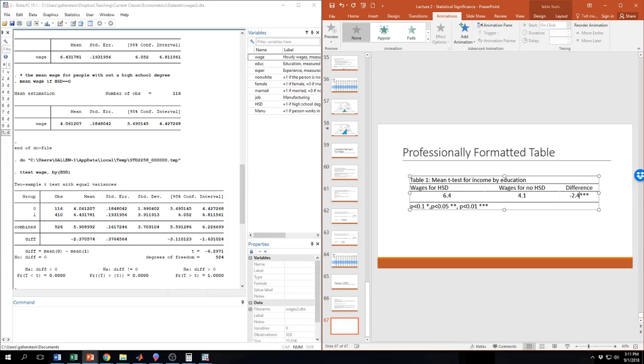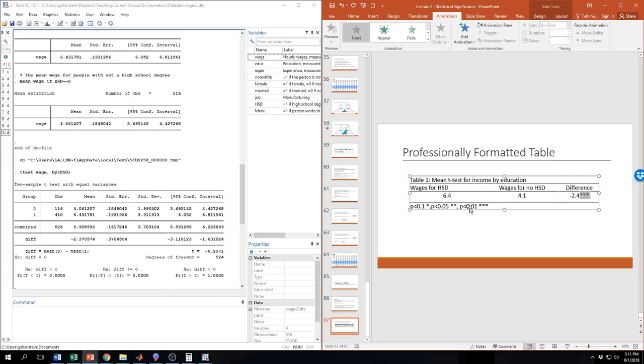That's the difference. And then I report whether or not it's statistically significant by putting some stars on it. The number of stars indicates at what level of statistical significance I'm using. So basically, if my p-value is smaller than 0.1, I'll use 1 star. If it's smaller than 0.05, I'll use 2 stars.